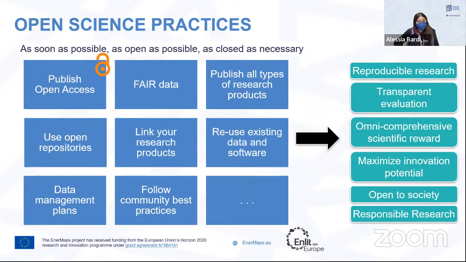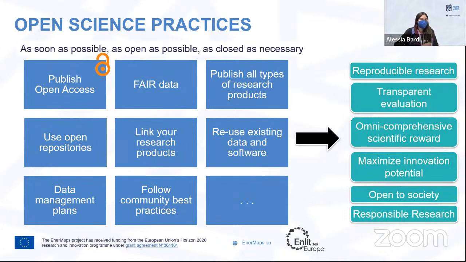And the EnerMaps gateway that you will see in one of the next parts of the workshop addresses all of them with specific features. So for example, you can use it to find open repositories where you can deposit any type of research products in a way that they are open. You can, via the gateway, add links between the research products.